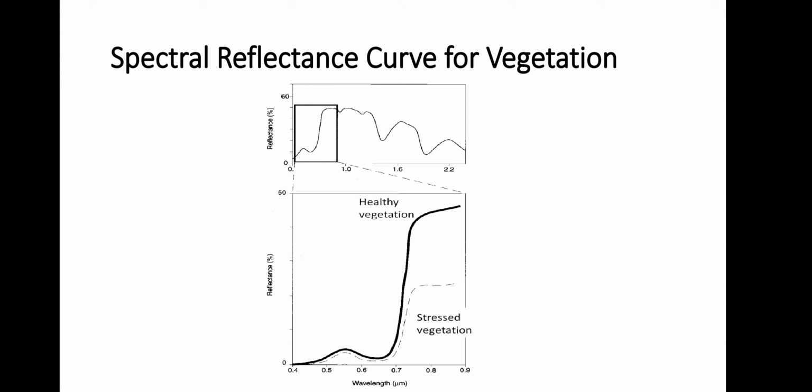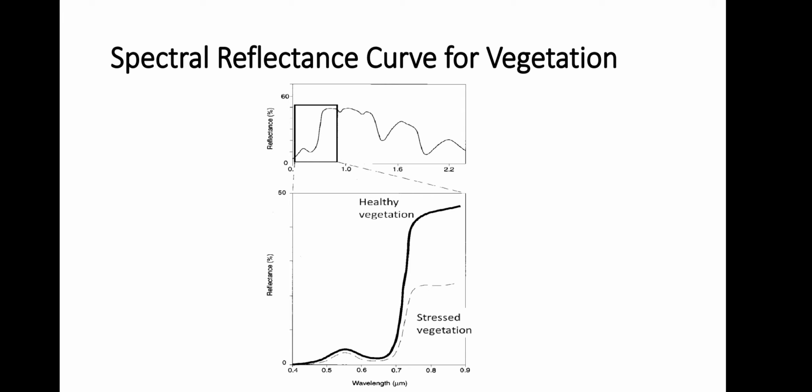Hence, the red and blue bands also get reflected along with the green band, giving a yellow or brown color to the stressed vegetation. Also, in stressed vegetation, the NIR band is no longer reflected by the mesophyll cells. Instead, it is absorbed by the stressed or dead cells, causing dark tones in the image. And so the reflectance curve is different.